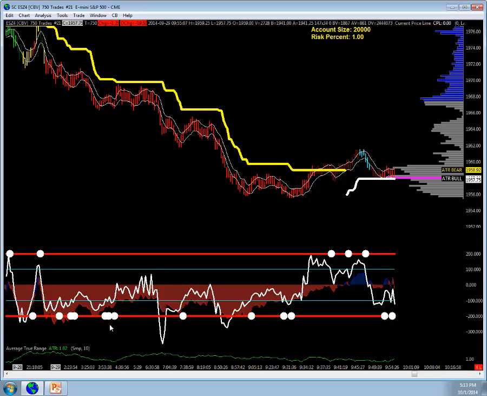But in the day session, as it's unfolding, we don't really see any premiums here, do we? So if your trade plan calls for buying and selling premiums, well, you're basically out of luck, because you're sitting there saying, well, I don't have a premium, so I can't put on a trade.